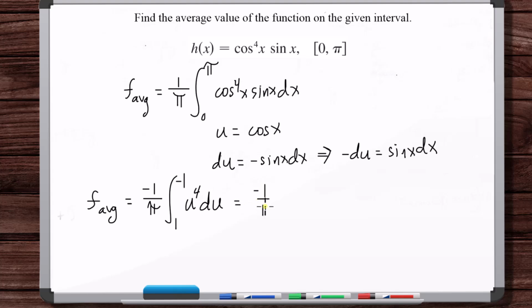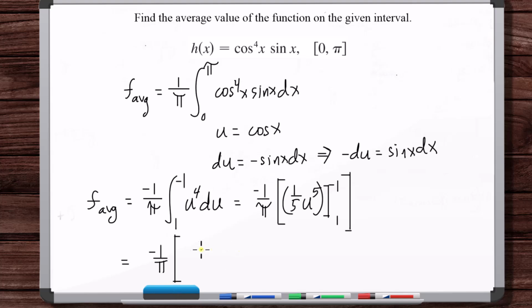So we've got minus 1 over pi, 1/5 u to the fifth, from 1 to minus 1. Okay, minus 1 over pi.